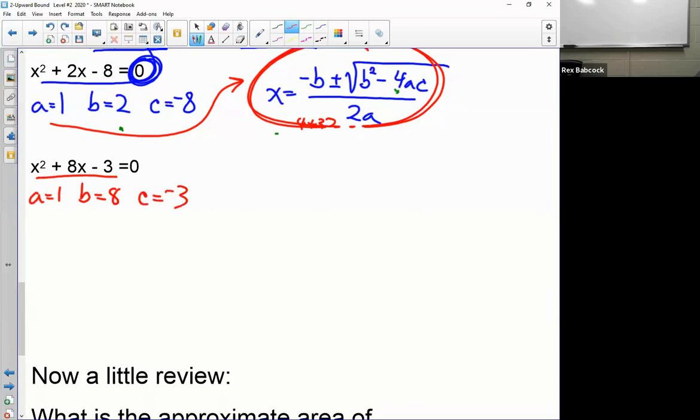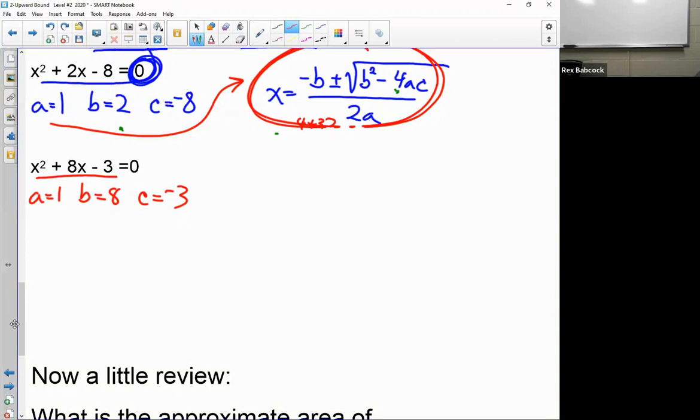Now, it wouldn't matter if it was written like this, 8x minus 3 plus x squared equals 0. A is still 1 even though it doesn't come first. In other words, you're expected to know that a is the squared term, c is the constant term, and it must equal 0, which it does.